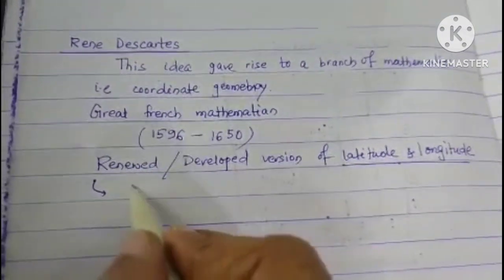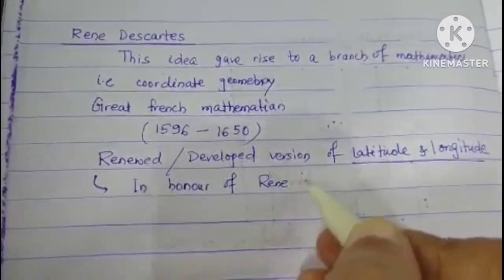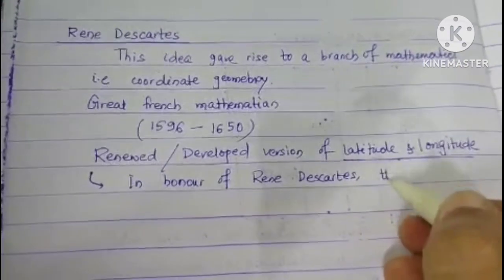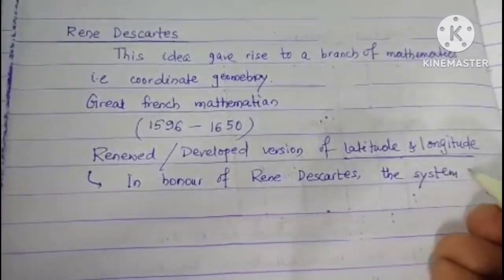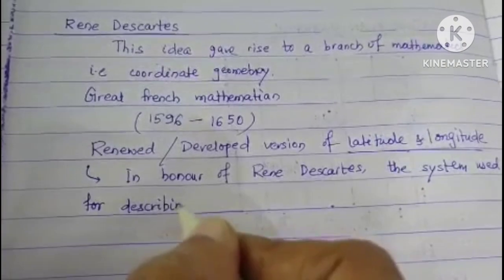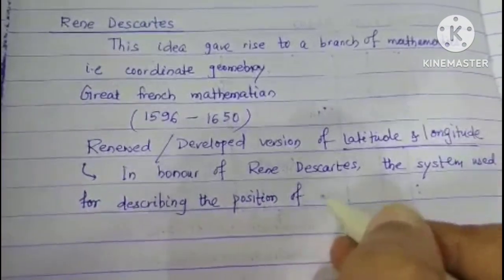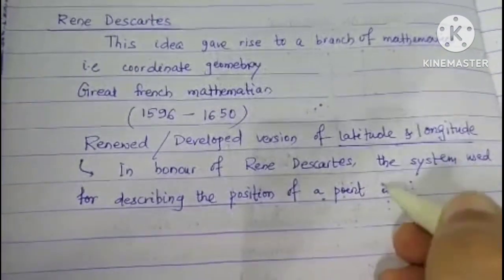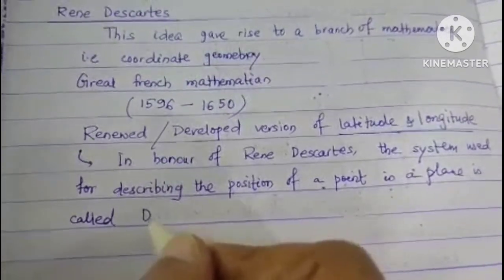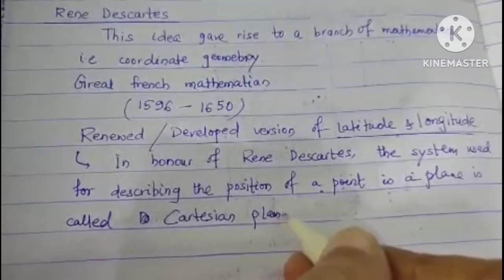So in honor of René Descartes, the system used for describing the position of a point in a plane is called the Cartesian plane or Cartesian system.